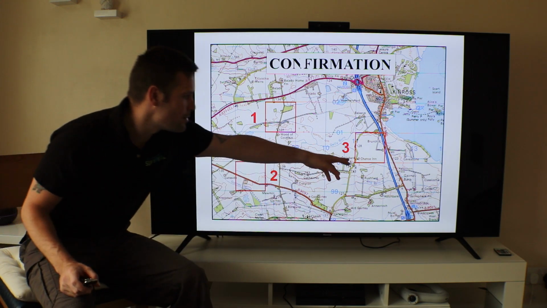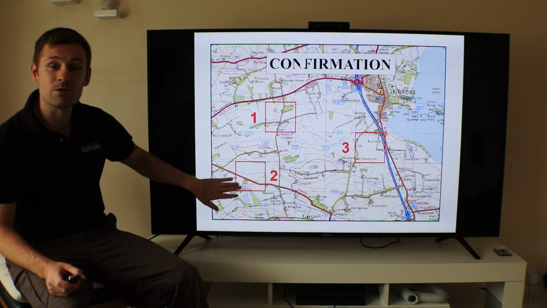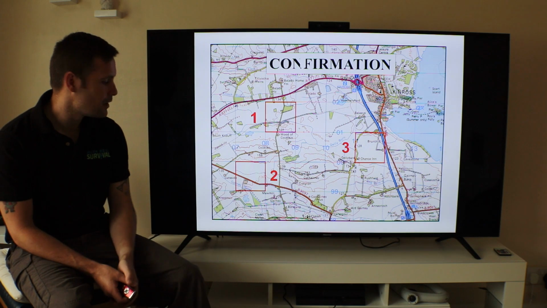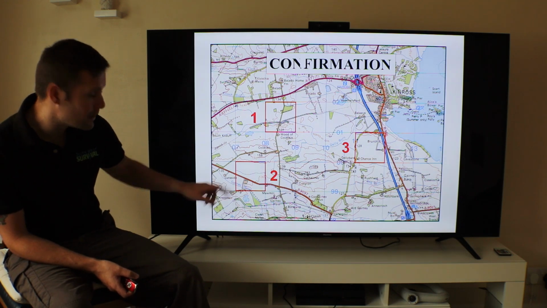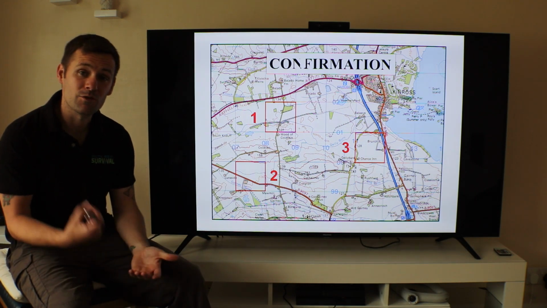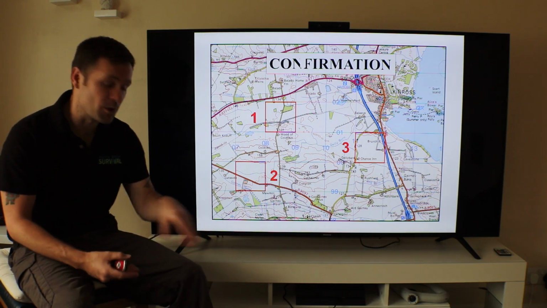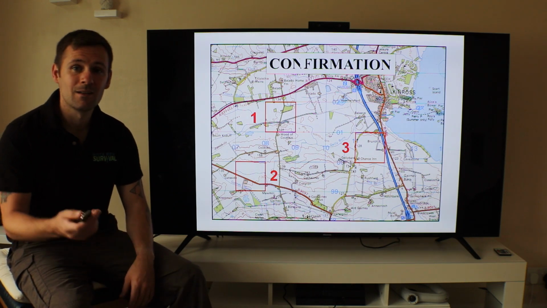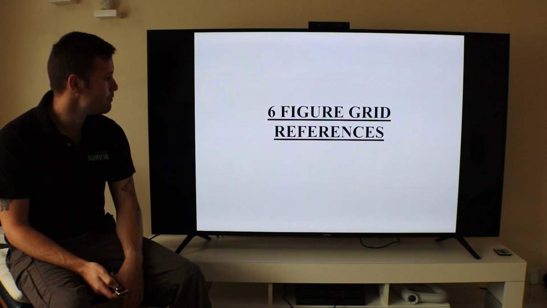Using number 2 as an example, I could say, I'm at the T junction in grid 0799. That's it. If someone's coming to rescue you or pick you up, and you've got a casualty, you haven't got time. I'm at the T junction in grid 0799. The air ambulance are going to look at the map and come and save you.